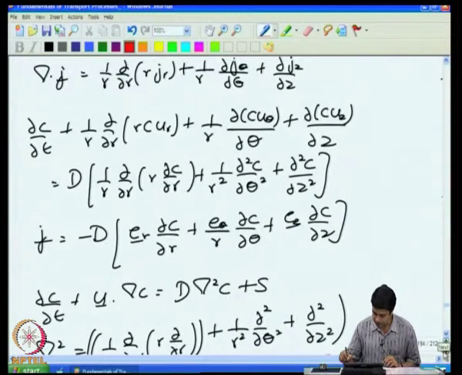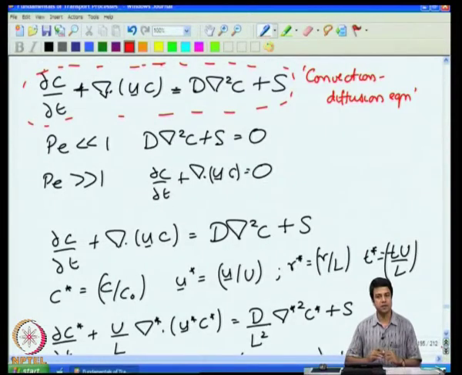We obtained, or I briefly showed you how to get, a differential equation for a cylindrical coordinate system as well. We can do the same thing for any coordinate system. There are in fact more complicated coordinate systems that can be used. For example, if you are solving the problem of the transport from an elliptical particle, there are elliptical coordinate systems.